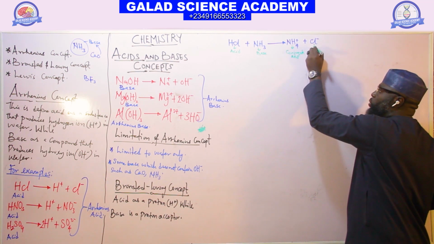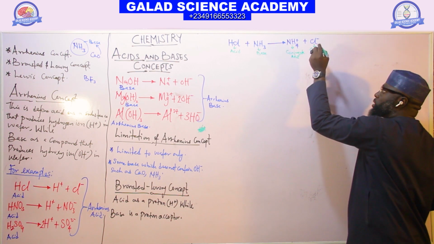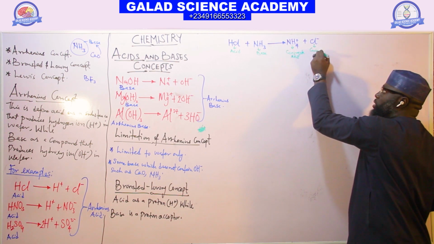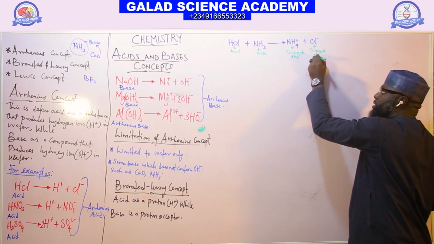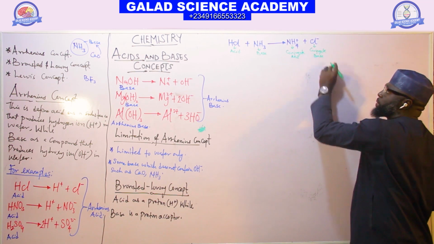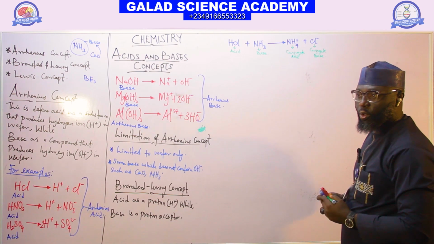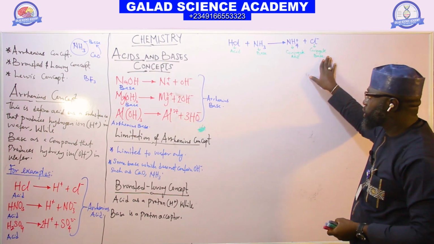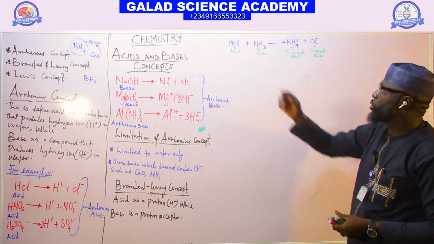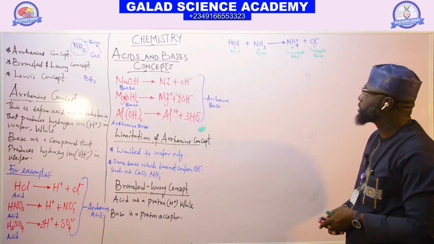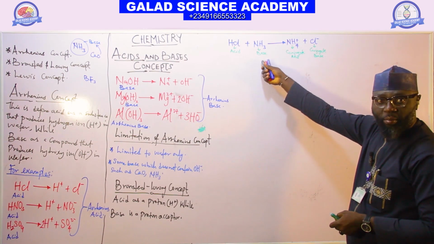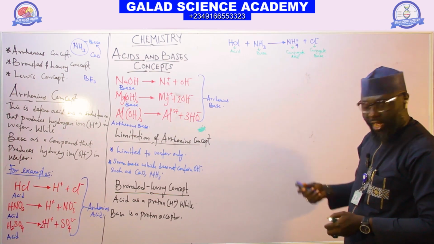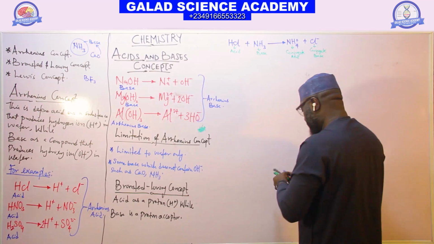And this one, we call it the conjugate base. But we are coming back to the conjugate acid and the conjugate base. Let me show you the main mechanism of this reaction. Like this now.